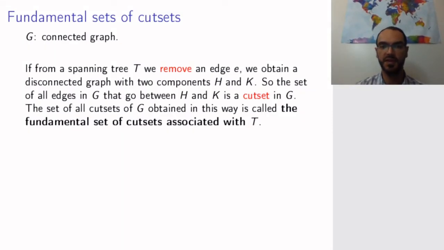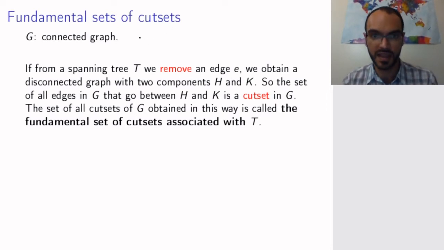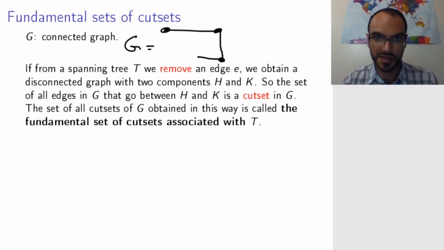So this is a bit more complicated than with fundamental sets of cycles, but let's look at an example to see what it actually looks like. So let me take as my G the same graph that we always use in this business.